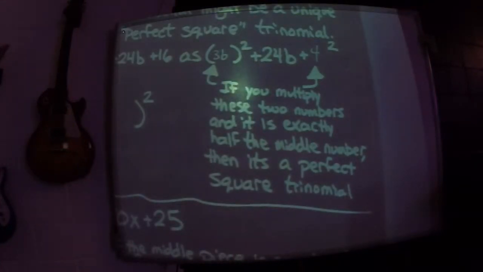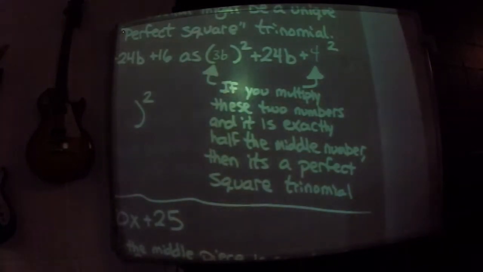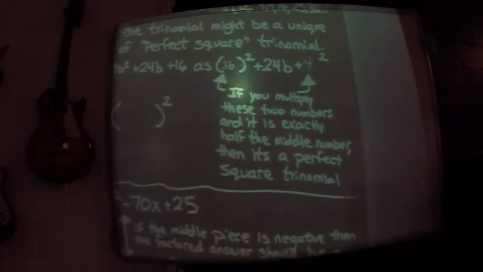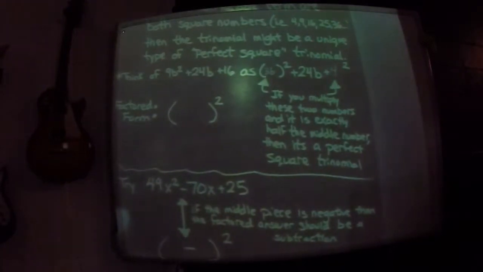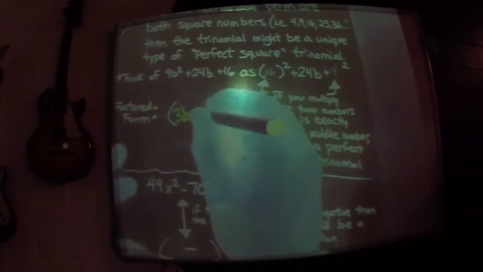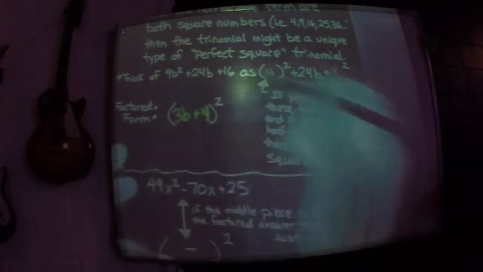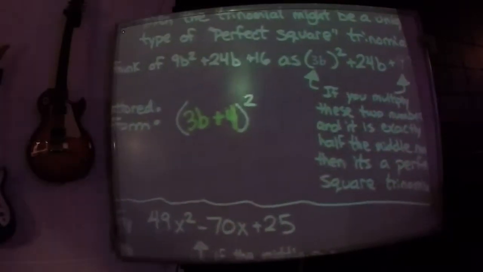So if we take 3 and 4 and multiply them, do you get half of 24? Yes. You get 12. So then our factored form is 3b plus 4.